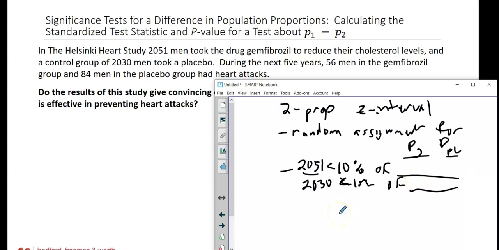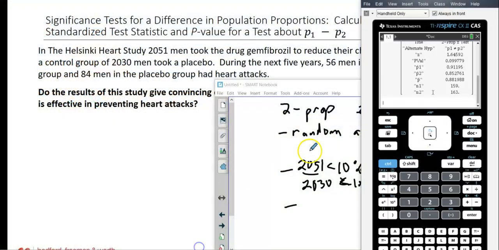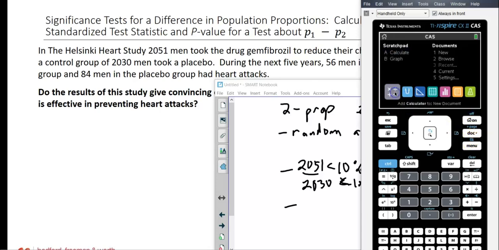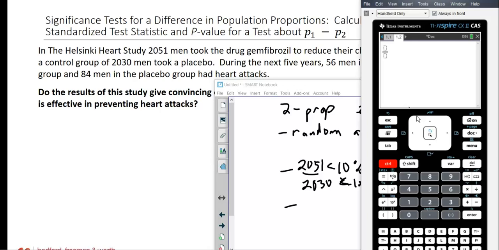And then let's check the, remember this is for a 2-prop z-test. We do a special thing, right? So get your calculator out. Let's try it here. We're going to go to calculator page and type a fraction. The successes on top, so that's going to be 56 plus 84.